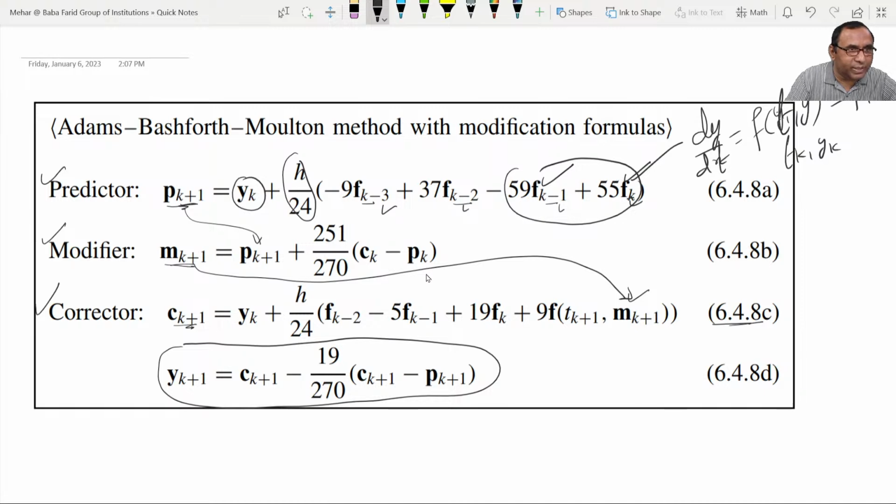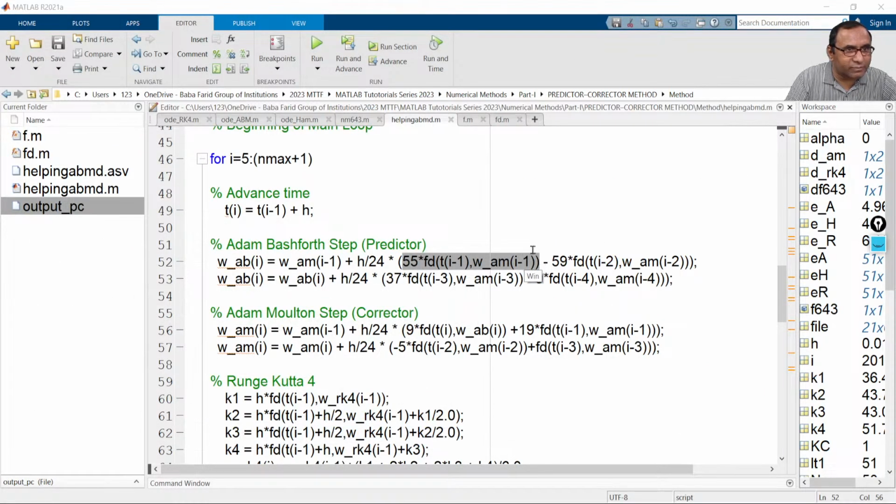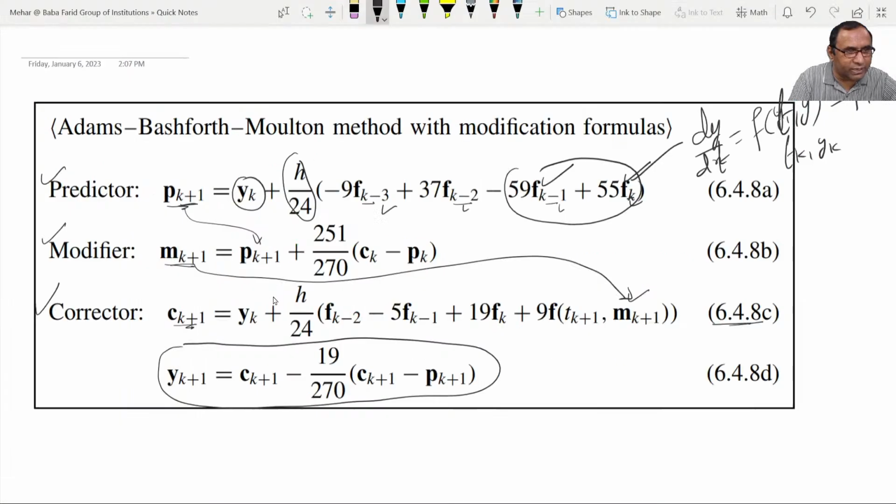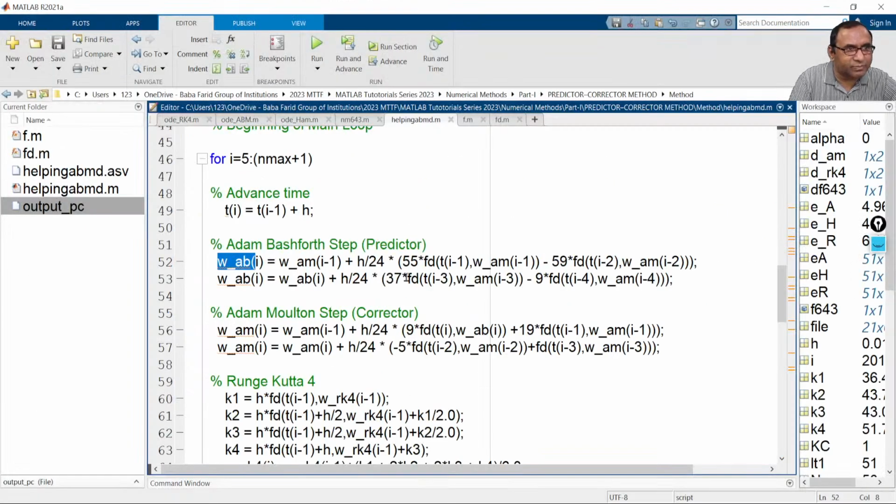Now see here, and then we have 59, and the equation is divided into 2 parts, and for these 2 points, fk minus 3 and fk minus 2, see, these are at its place.